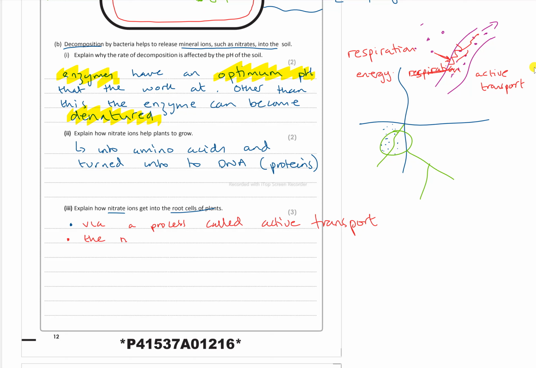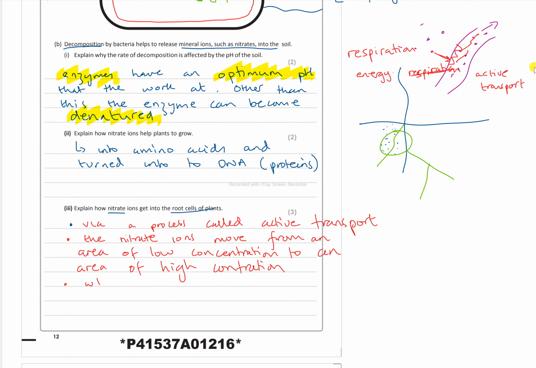The nitrate ions move from an area of low concentration to an area of high concentration, which requires energy through respiration.